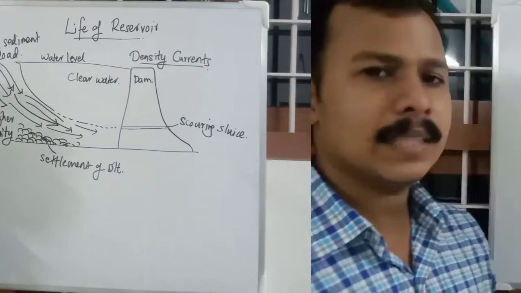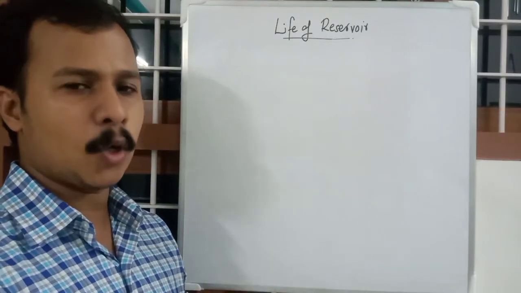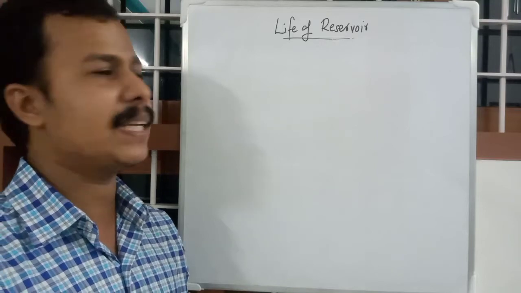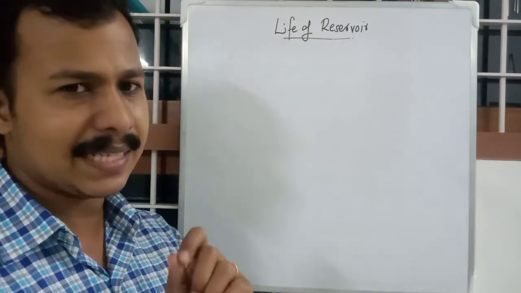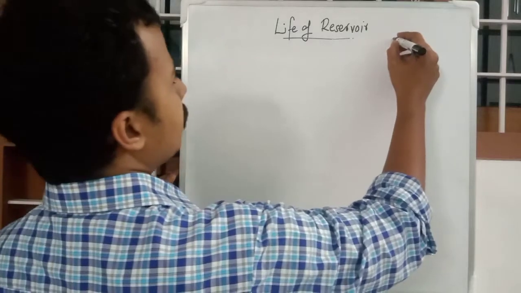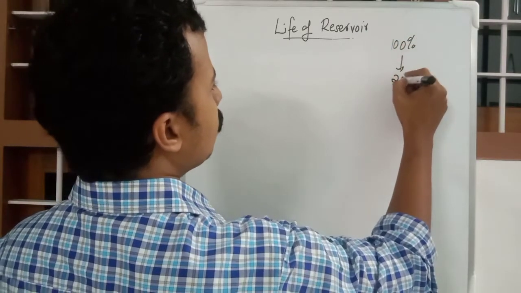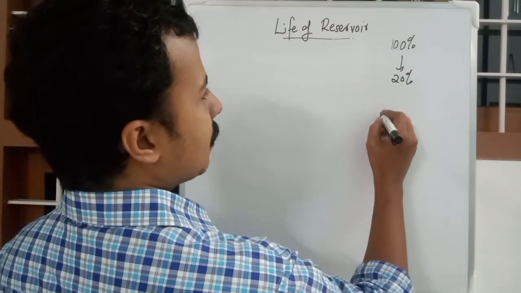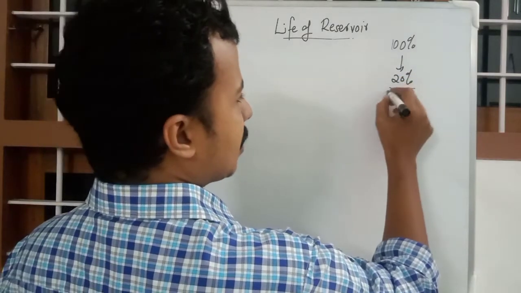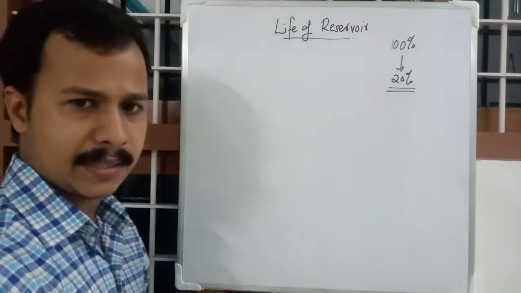Okay, so moving back to our main topic after sedimentation and density currents: life of reservoir. As I said earlier, when the initial storage decreases from 100 to 20%, we consider the reservoir as dead.